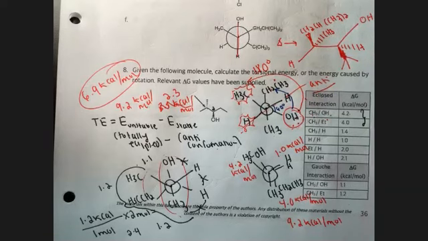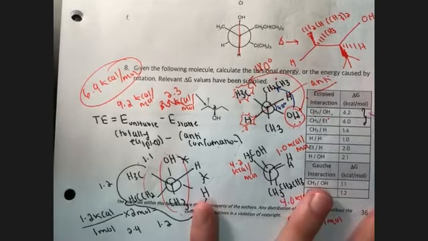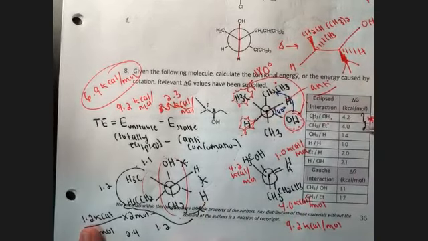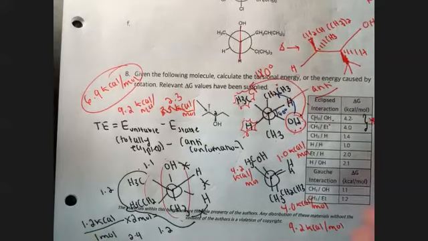These are hard, I know, because you see all these numbers, you don't really know where to start, but this is your compass, right here. I immediately look to this chart and ask, what are my worst interactions? You want to make a Newman where you get these worst interactions. And then you want to get a Newman that has the opposite, where they're far apart from each other. I think that should be good enough, and you just kind of trial and error it. So that's pretty much all I want to say about that.